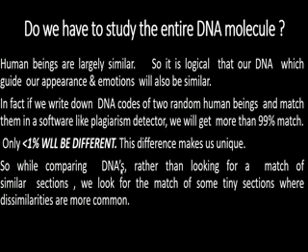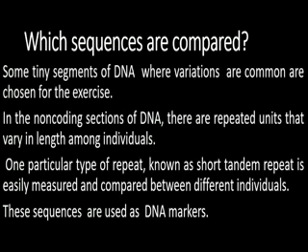So while comparing DNAs, rather than looking for a match of the similar sections, it's much easier to look for the match of some tiny sections where dissimilarities are more common. So here is what we actually do. Some tiny segments of DNA where variations are common are chosen.